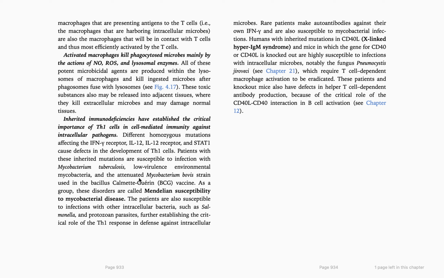Activated macrophages kill phagocytosed microbes mainly by the action of nitric oxide, reactive oxygen species, and lysosomal enzymes. All of these potent microbicidal agents are produced within lysosomes of macrophages and kill ingested microbes after phagosomes fuse with the lysosomes. These toxic substances also may be released into adjacent tissues where they kill extracellular microbes and may damage normal tissue.